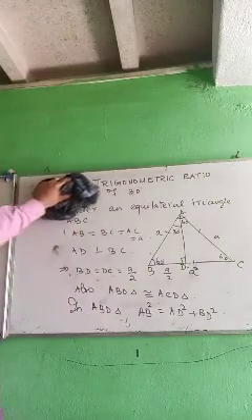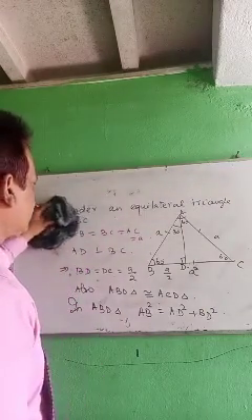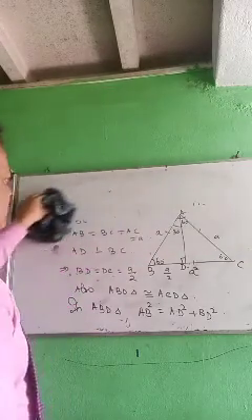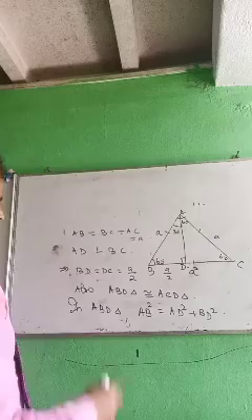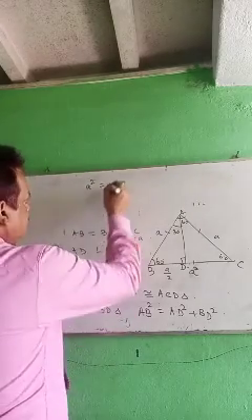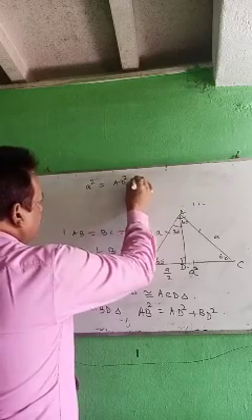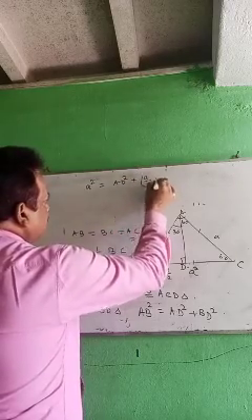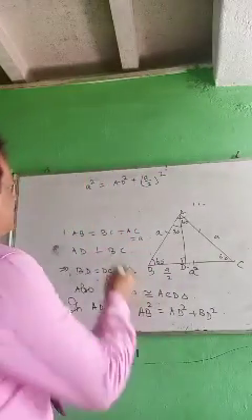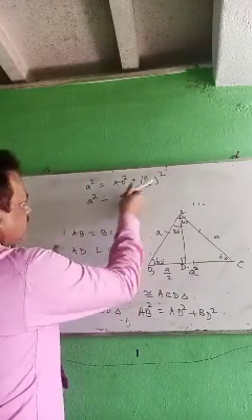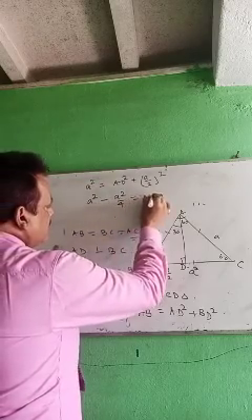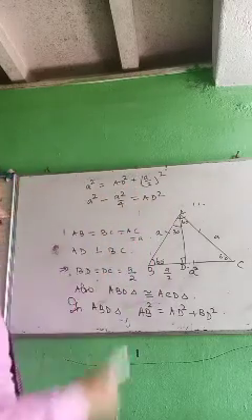So you can put the values. A square equals AD square, not given, plus A by 2 square. A by 2 square, then A square by 4 will come this side.